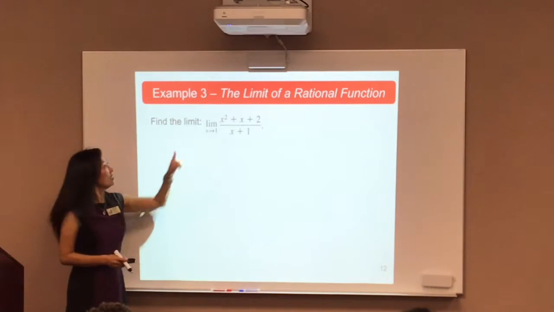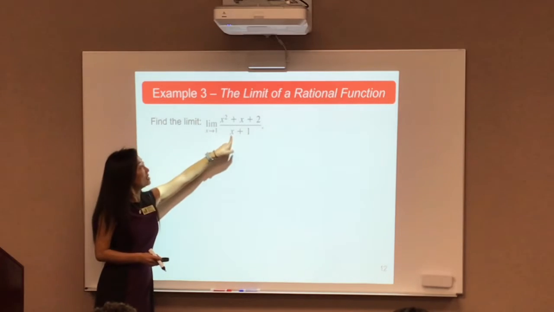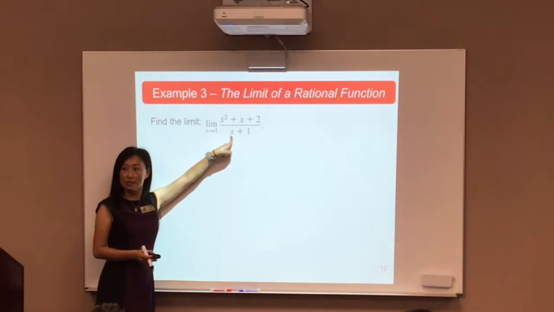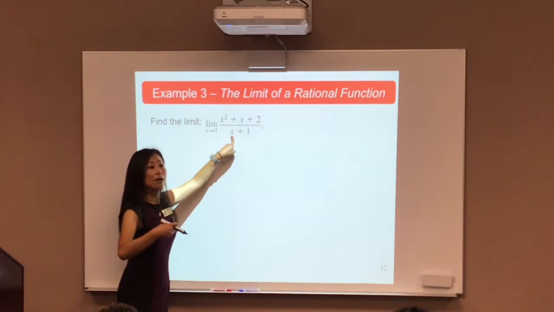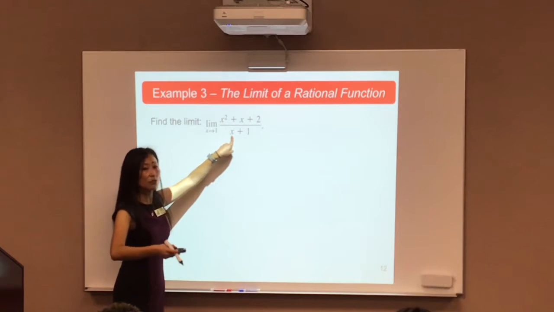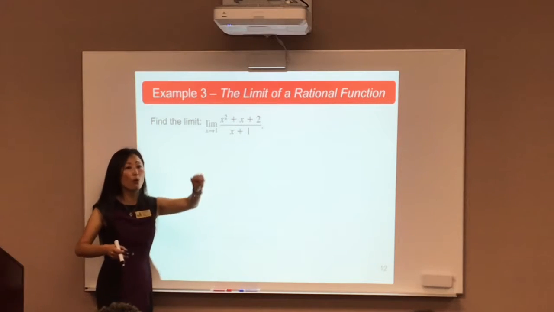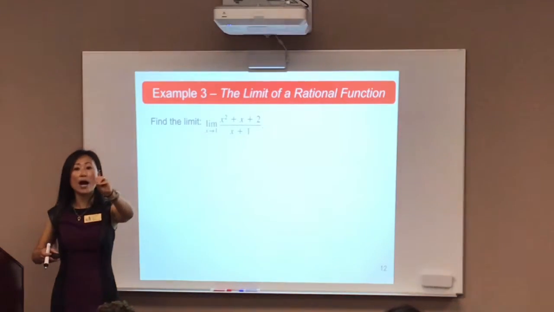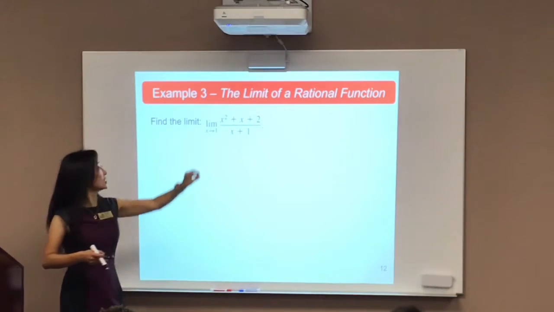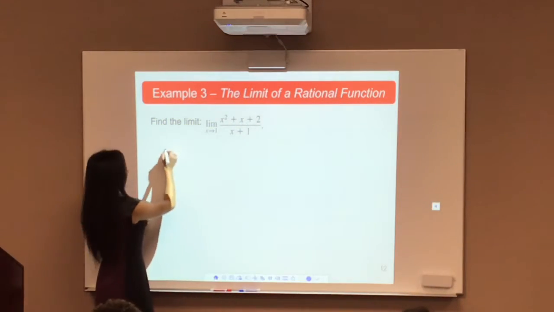So let's check. If I plug in 1 in the denominator, does it become a 0? No. That means I can simply plug in the number. Because whenever you have a denominator, you have to worry about whether the denominator becomes 0. You've got to always check.